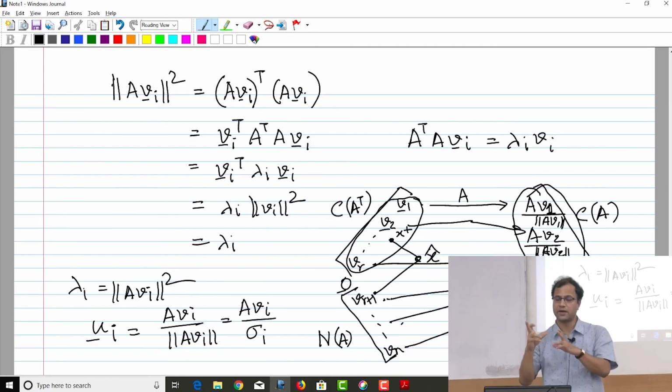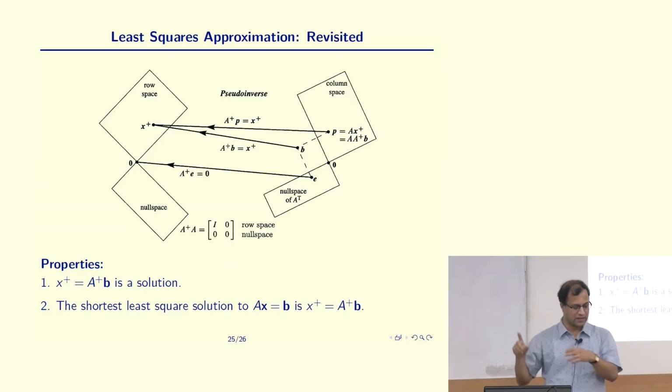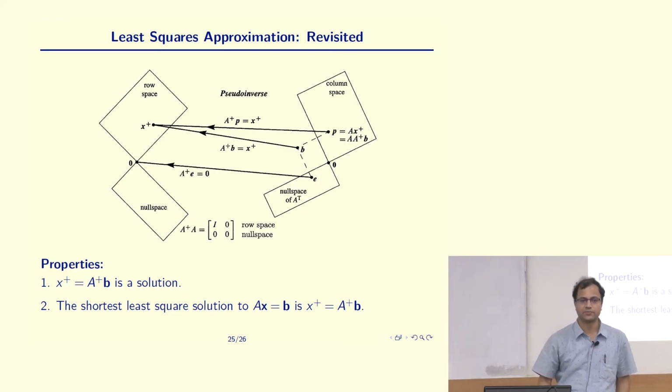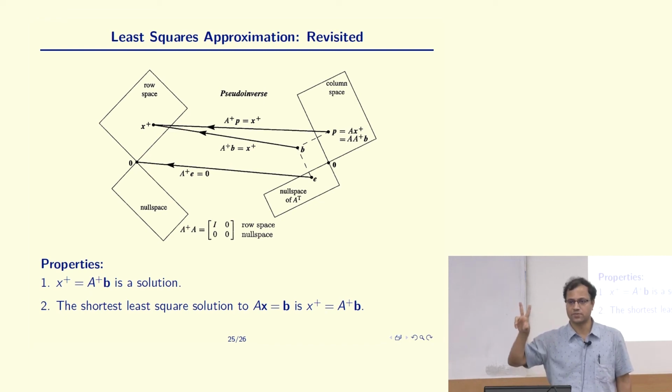Because there is another property that A transpose A has the same null space as the matrix A. Using that, since matrix A here has a big, non-zero null space, A transpose A will also have the same null space, because the null spaces for matrix A and matrix A transpose A are the same.